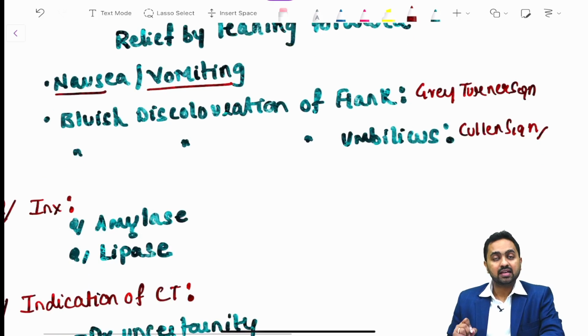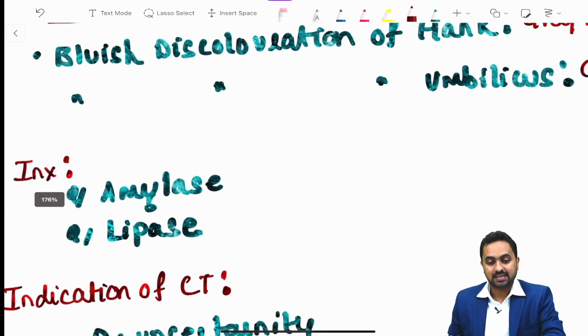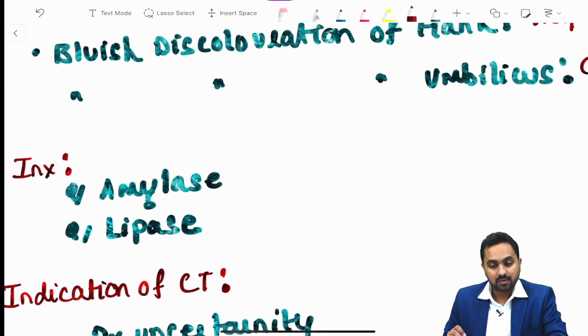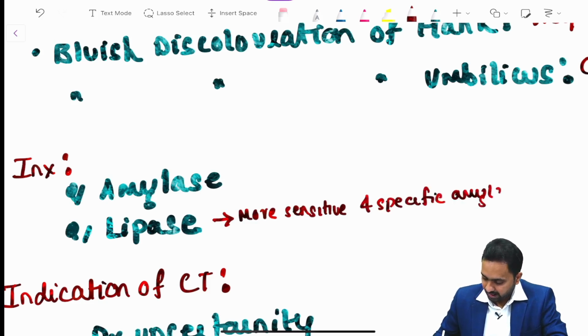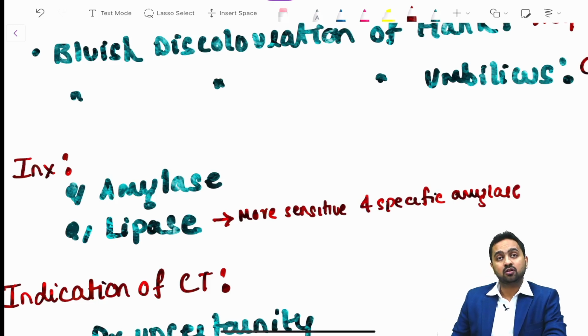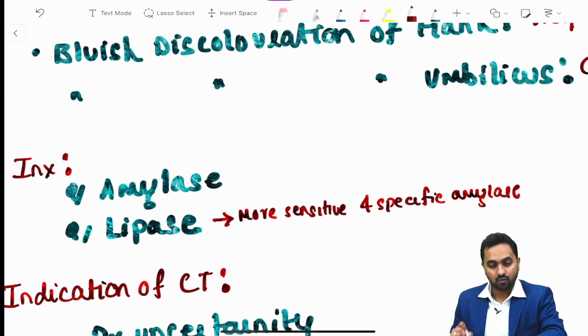Then regarding the investigation, we have amylase and lipase, right. Please remember that lipase is more sensitive and specific when compared to amylase, and a positive amylase does not mean that it is pancreatitis, as amylase can be raised in many other cases also.